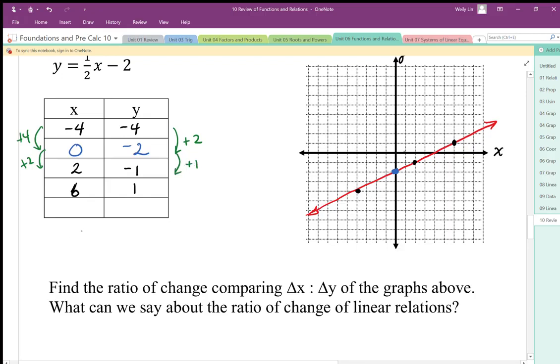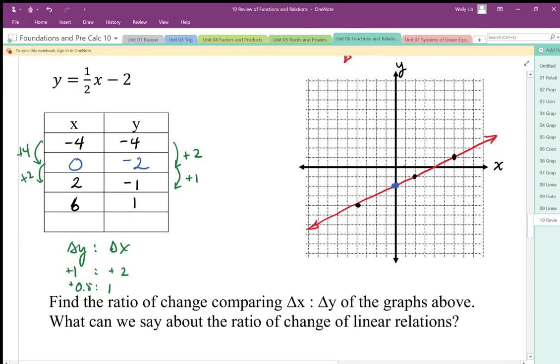The change in y compared to the change in x looks like +1 to +2, or as a unit rate, 0.5 to 1. And notice that ratio of change again seems to be showing up as a slope here. It shows up on the outside of the table, and it's seemingly to do with that multiplier there.